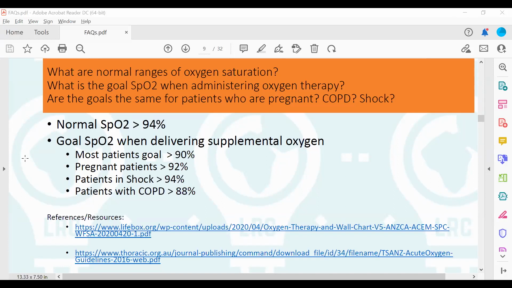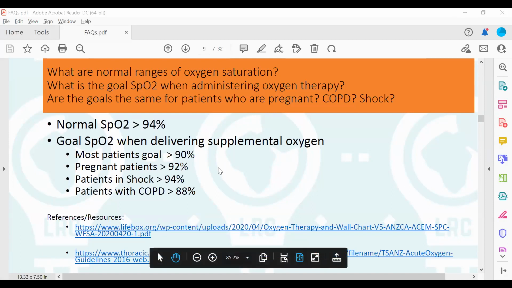We need to keep in mind how we can transfer them on time and how we can transfer them safely until they reach the teaching hospitals where there are more capabilities. So let's continue with the next question.